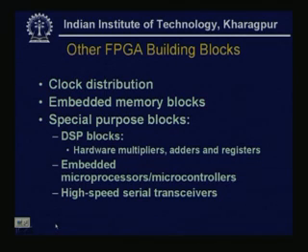Now, embedded memory blocks. So far we have discussed the logic blocks, combinational and sequential, but all of you know that for complex circuits or any real life circuits we need a lot of memories, and these memories are now called the embedded memories within the FPGA. So, memory is a special type of building block already implemented in the FPGA.